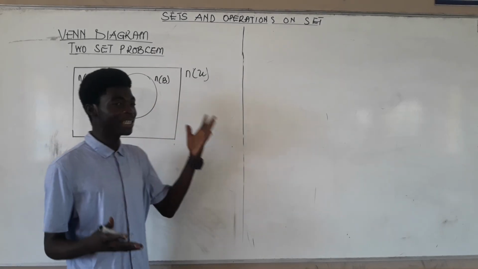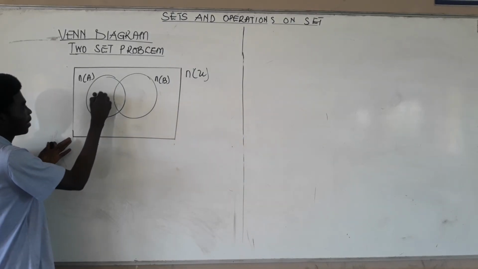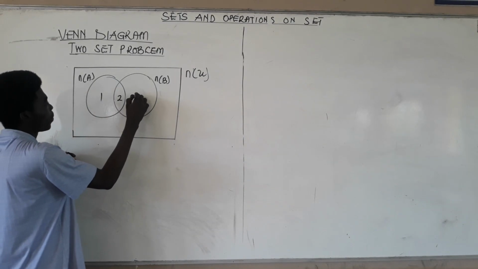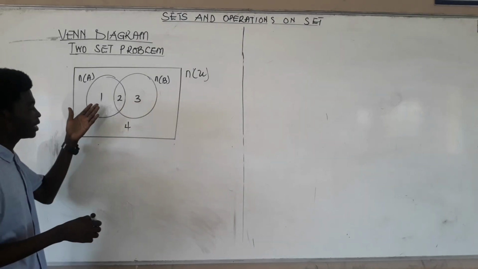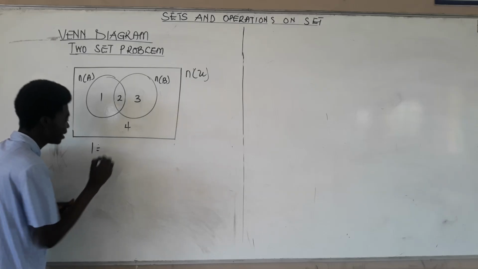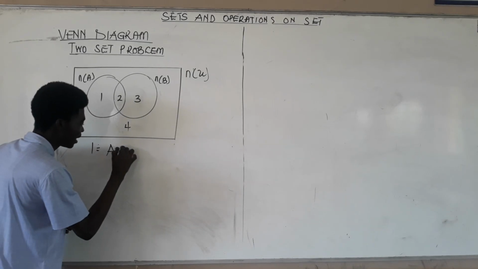So I'm going to explain this diagram. Let me represent these portions by 1, 2, 3, and then 4. The portion labeled 1 represents the elements that are for A only.